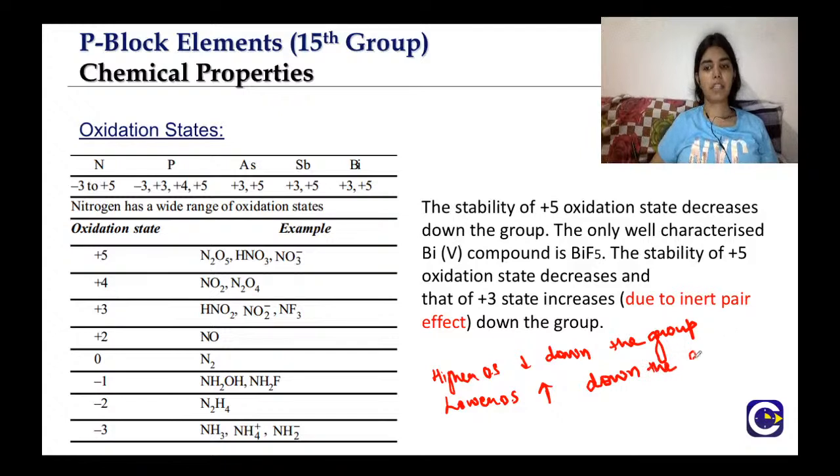So, bismuth 3 plus is more stable than bismuth 5 plus, right, and nitrogen 5 plus is more stable than the +3, right. Why? Because the tendency of the higher oxidation state stability decreases down the group, while the lower oxidation state stability increases down the group due to the inert pair effect, that is the introduction of the d and f electrons.